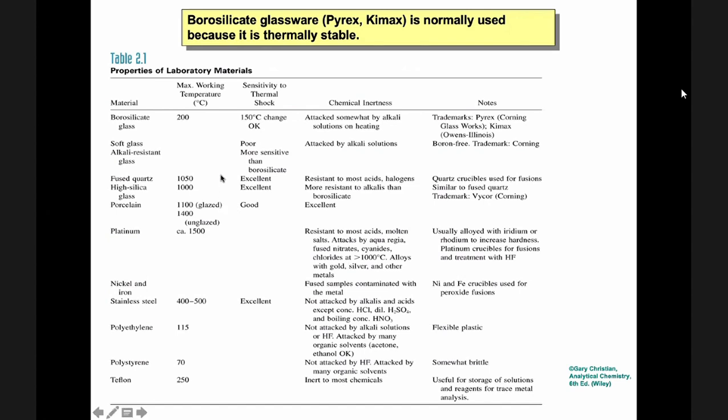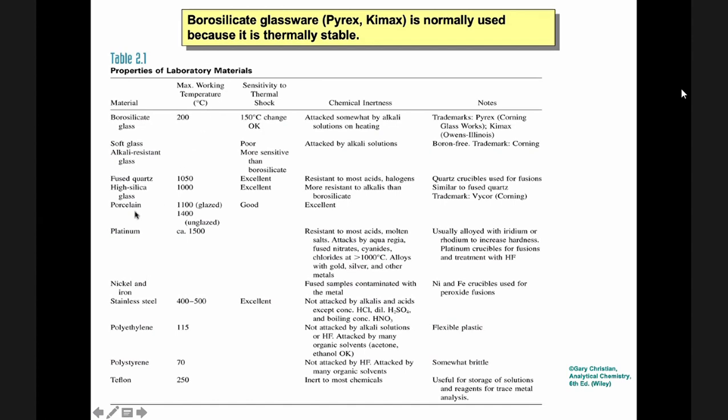Okay, so in this table, the properties of the common laboratory materials. So we have here for porcelain, di ba ang porcelain crucible, no, our example.